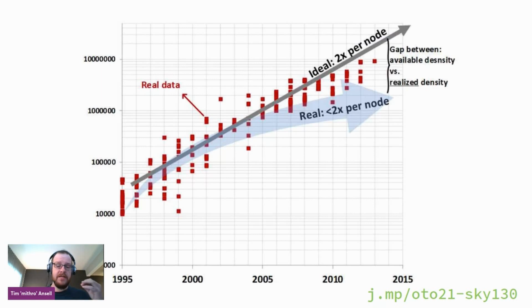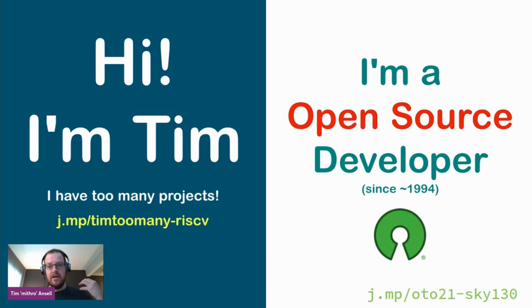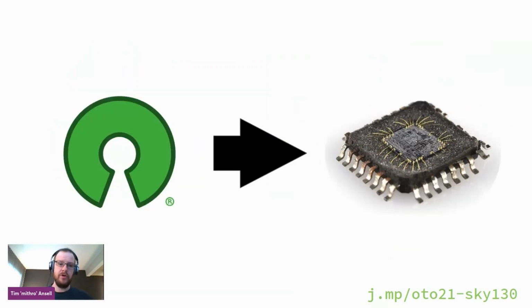As well, the difference between what you should get in theory from a new process technology and what people are actually able to achieve with that process technology is increasingly having a gap. And as I said, I'm an open source developer. And so I thought, well, could there be something to having open source silicon?